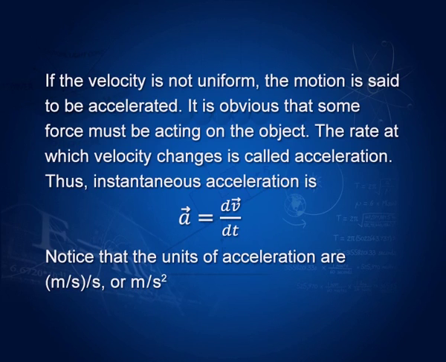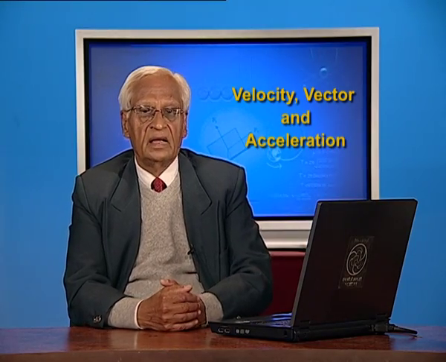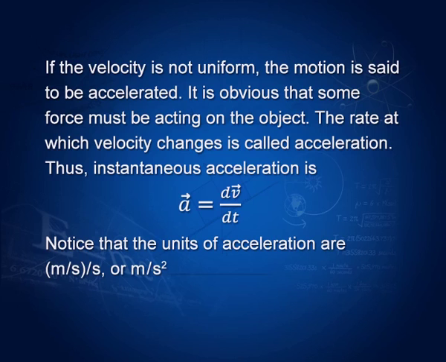It is the rate of change of velocity, so m by s again divided by s. So, it is m divided by s square. Its units are meter divided by second square, m/s², or m s^-2, as is written many times.